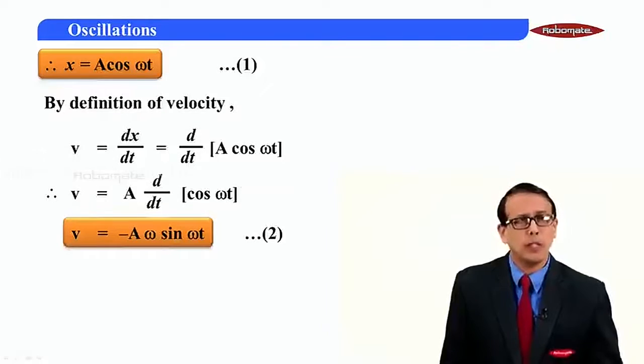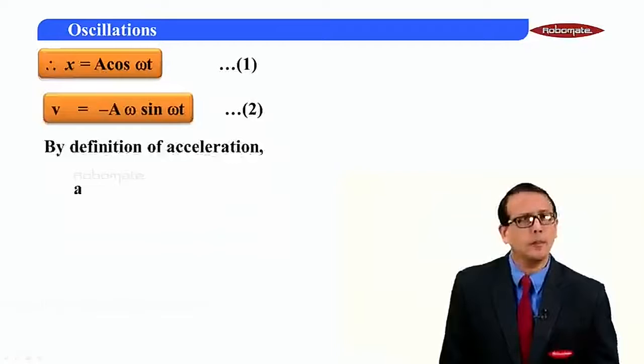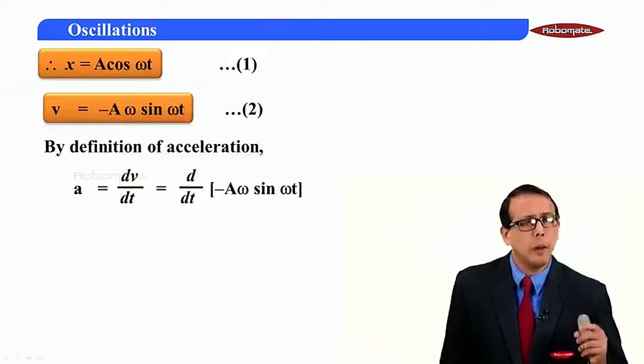Let's move ahead, students. After velocity, let's derive the expression for acceleration. We know by definition acceleration is the rate of change of velocity, which is dv by dt. Let's substitute the value of velocity and it becomes d by dt of minus a omega sin omega t.